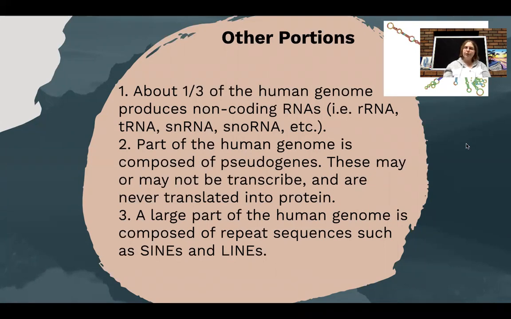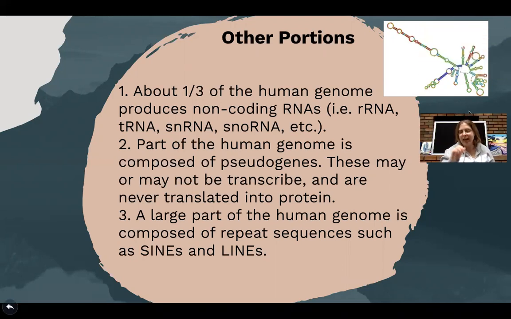So a full third of our genome actually codes for RNAs that are different than the mRNAs. So the mRNAs are encoded in that 1.5 to 2% that code for proteins. But all of the other RNAs, they have to be encoded for as well. And they're located in the non-protein encoding section. So a full third of our genome actually codes for all the other RNAs.